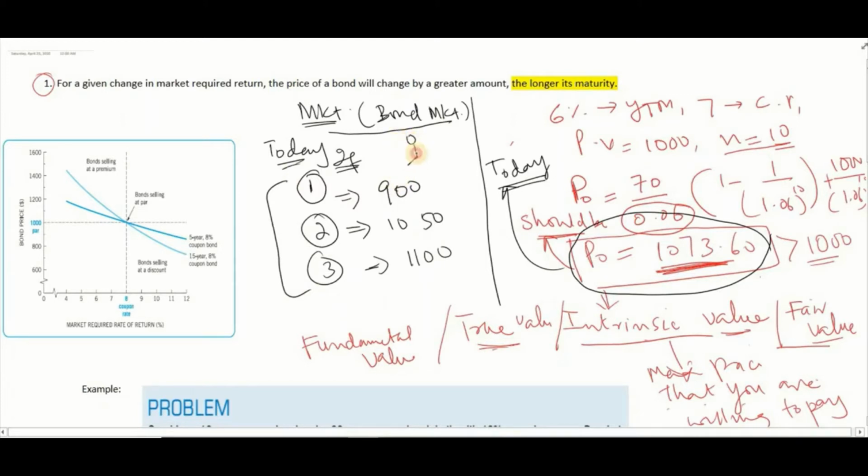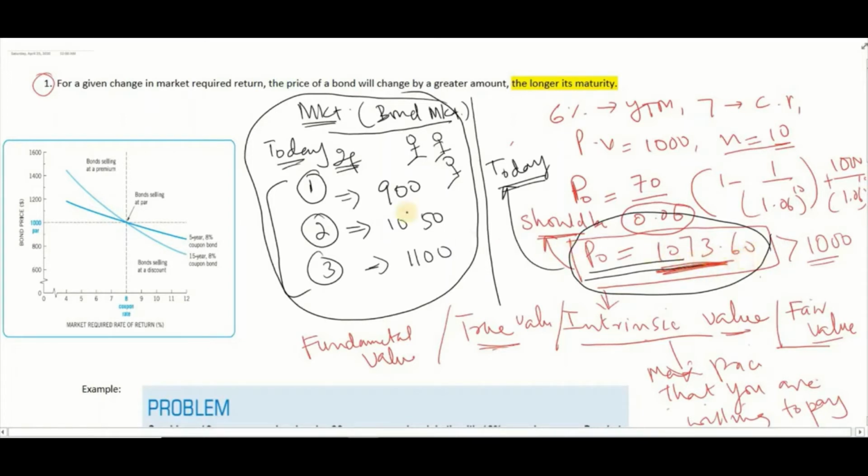Now the question is, people are buying and selling in the market. This is the market where you can buy or sell, but this is the price that you are sitting in your home and you have just calculated it. So let's say the first case, the price is 900. Would you be happy to buy this bond at 900? Remember, these are market prices.